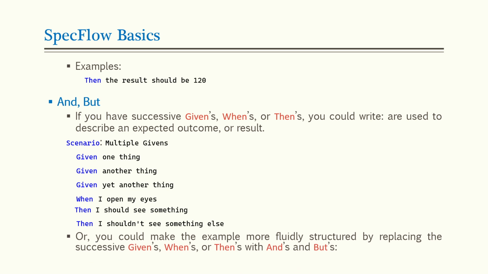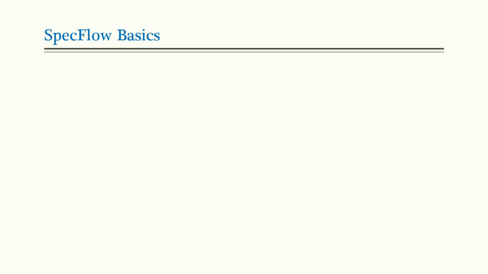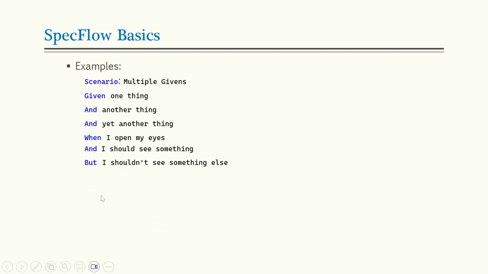Or you could make the example more fluidly structured by replacing the successive given, when, then with and, but. So that same scenario should be written like this: scenario, multiple givens, given one thing and another thing and another thing. When I open my eyes, then I should see something but I shouldn't see something else.